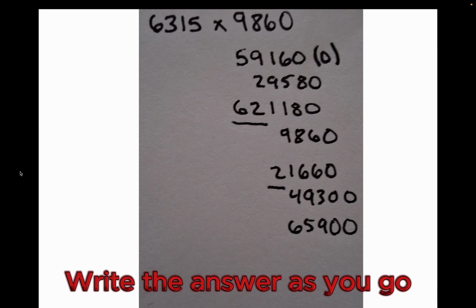Importantly, though, this is what it would actually look like in practice if you are solving the question. So we have 6,315 times 9,860. Because 9,860 ends in a 0, it's more similar to a 3-digit number, and so we're going to deconstruct the 6,315. So we're going to start with 6, multiply it by 9,860, and you'll get 59,160.